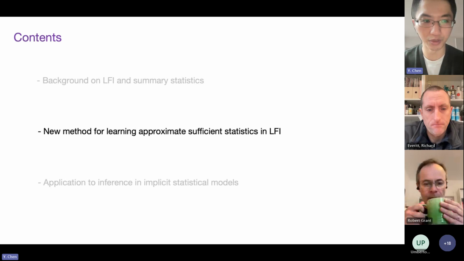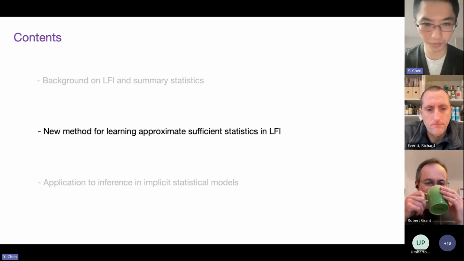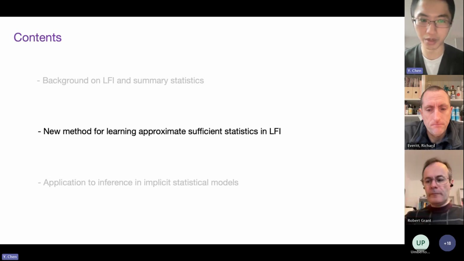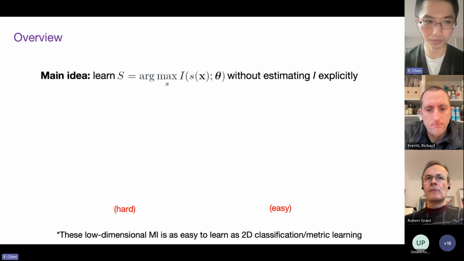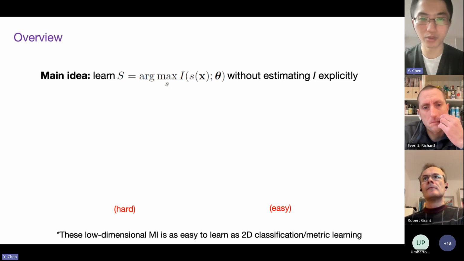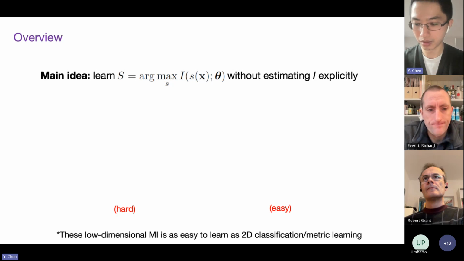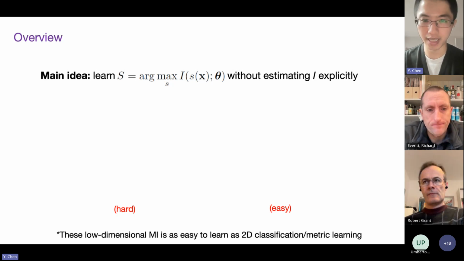Okay, so let's move to the next part about our new method for learning these approximate sufficient statistics, which satisfy the two principles I mentioned before. Remember that previously we mentioned the connection between sufficient statistics and the inference principle.